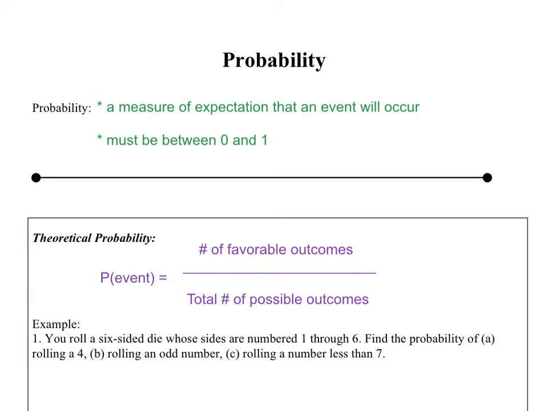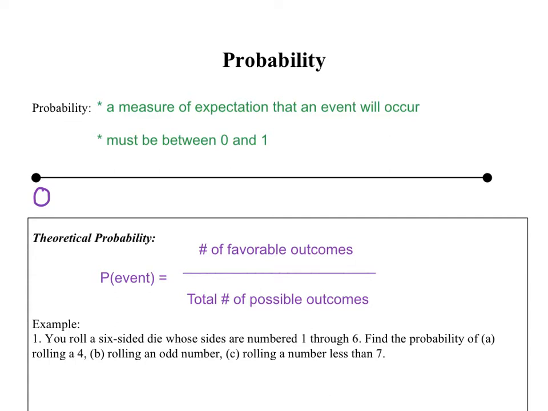The possibility of something occurring will never be higher than 100%. 100% is saying, okay, this is going to happen. So it can never be over 100%. There is a possibility of it being a 0% chance.